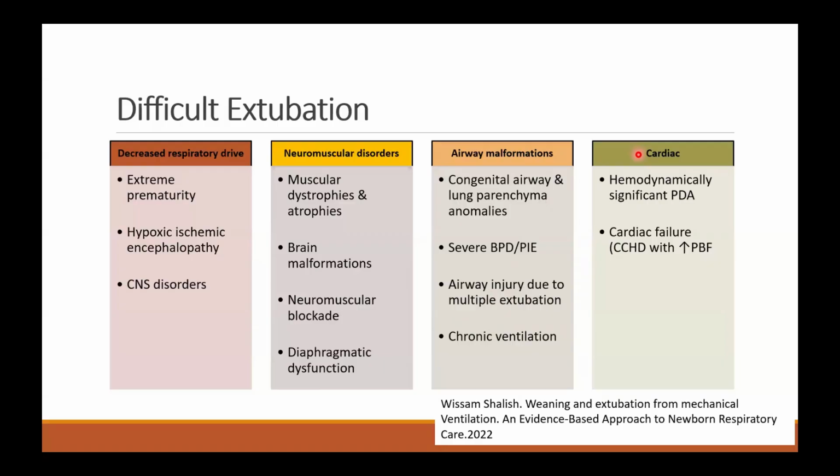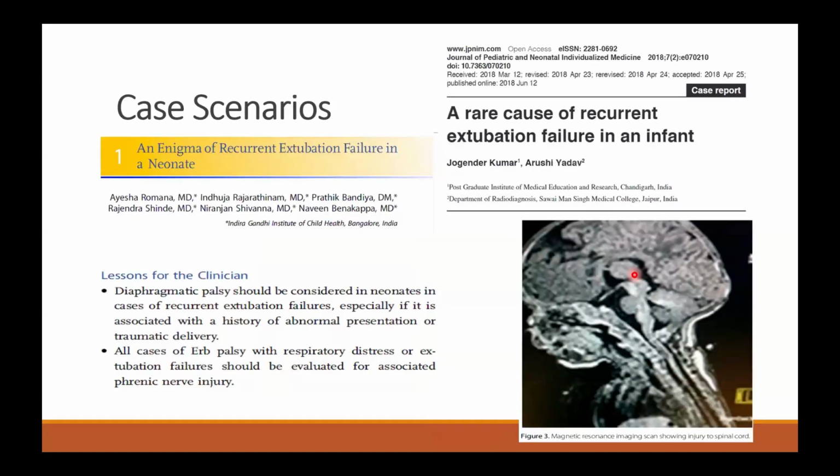And last, we have cardiac issues like hemodynamically significant PDA or babies with critical congenital heart disease with increased pulmonary blood flow. So here are some case scenarios. Diaphragmatic palsy should be ruled out in any baby where there is a history of traumatic delivery, abnormal presentation, and recurrent extubation failure.